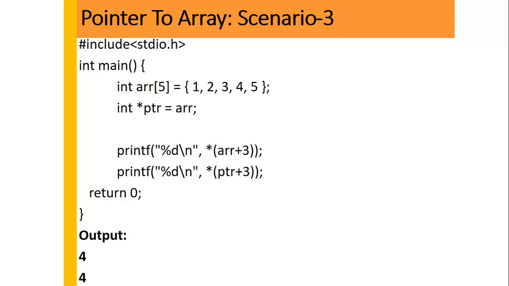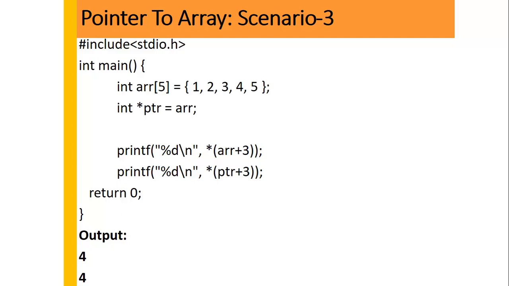4 is the size of an integer. So the address moves by 4 into 3, 12. So it's now pointing to, since we start from 0, the starting address of the fourth element.